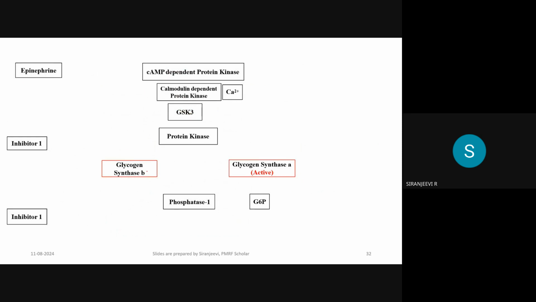Glycogen synthase B is the phosphorylated form, which is inactive, and the dephosphorylated form is the active one. This will be done by the protein kinase in the presence of epinephrine. And then the phosphatase will convert glycogen synthase B to glycogen synthase A. This will be promoted by glucose 6-phosphate and insulin.